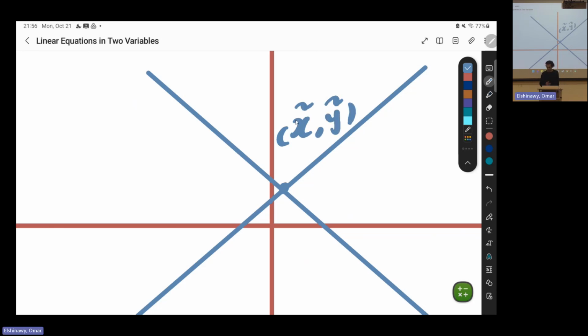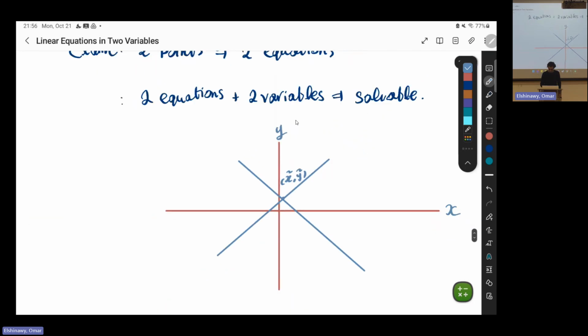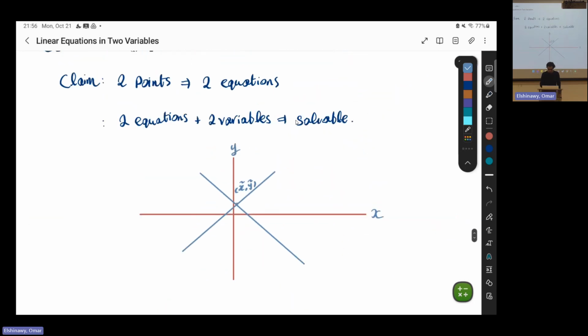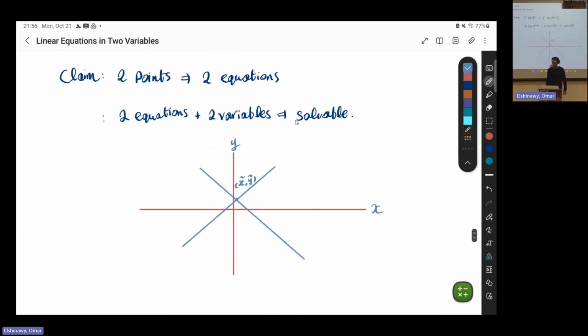Then this is what's happening. If you have two equations and two variables, then you have one solution. If you have three equations and three variables, then you have one solution. If you have n equations and n variables, then you have one solution.